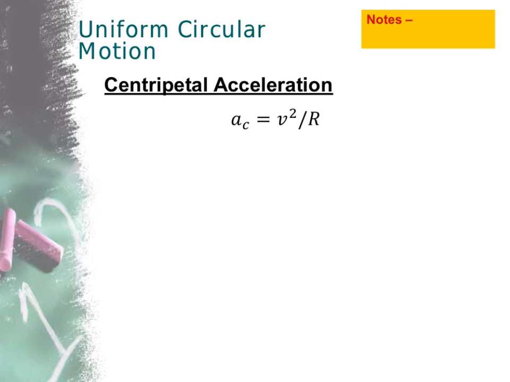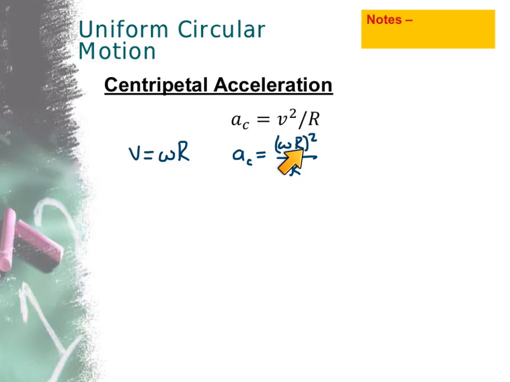Finally, I want to show you centripetal acceleration, because you know that centripetal acceleration is equal to v squared over r. Now, if we take our formula that says v equals omega times r, and we replace the v in this v squared with omega r, let's see what we get. We get centripetal acceleration equals omega r, all of that squared, divided by r.